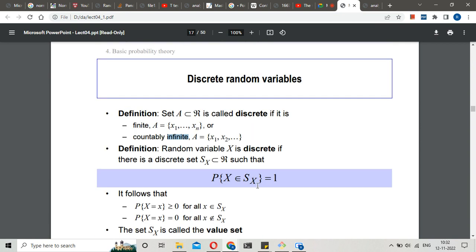And then we define the probability of getting exactly that value. But here, if you define a discrete S, that is a function of the real space. So there are R, N, Z, Z plus, Z minus.